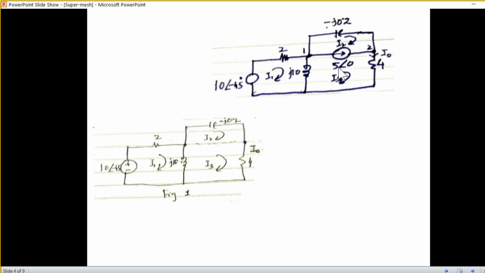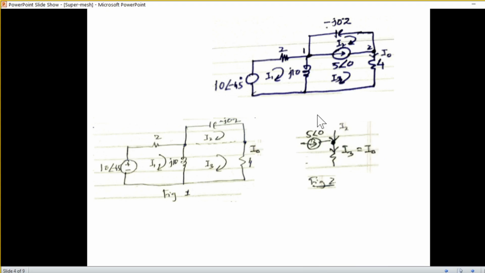So this can be easily solved by considering it to be a supermesh circuit. For the supermesh, what we do is remove the source from here. So this will be one loop, but the currents will remain the same. One thing I forgot: I have marked the currents as I1, I2, and I3.